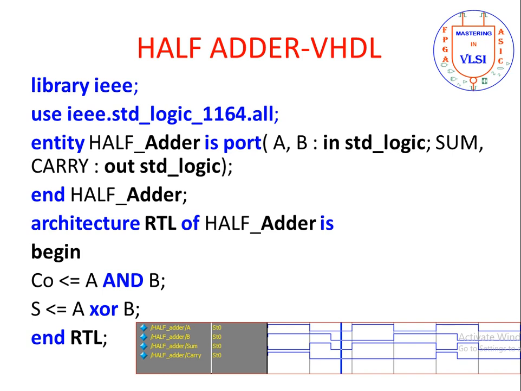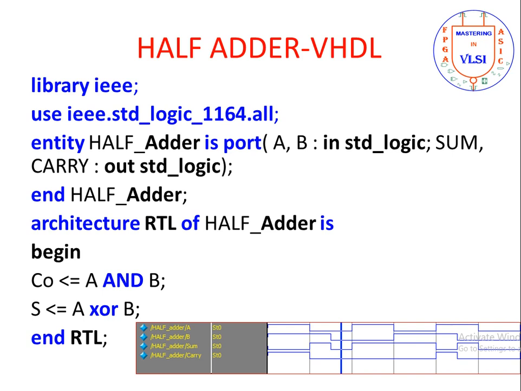Architecture is used to specify the exact functionality of the digital circuits. So the architecture name of half adder is, begin. Inside the begin and end we have to specify the functionality. Here we are using data flow modeling. The outputs CO and S we have specified on the left hand side, and less than or equal to, the signal assignment operator, we are using.